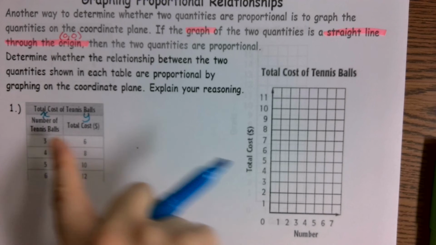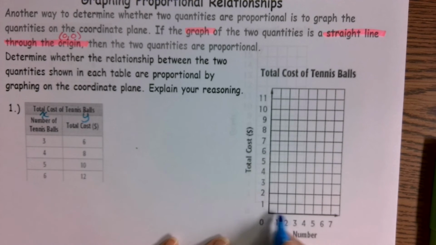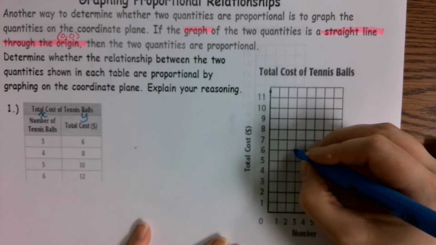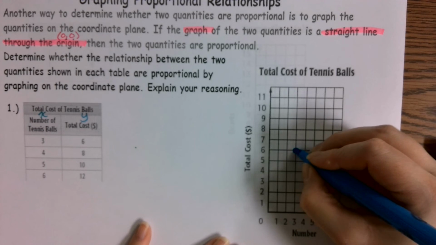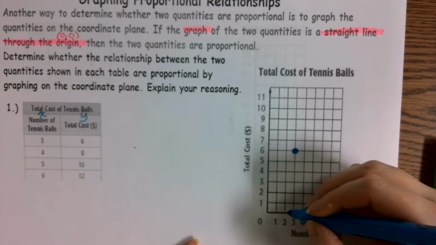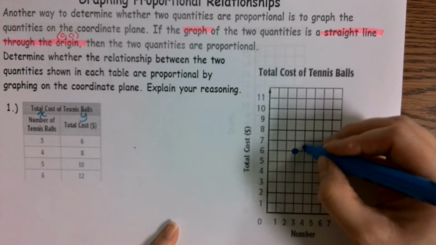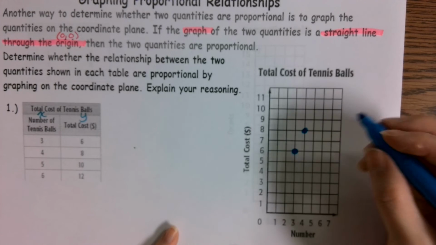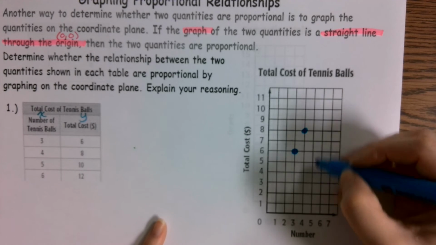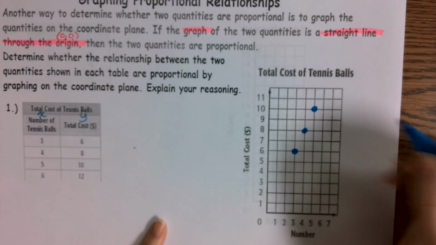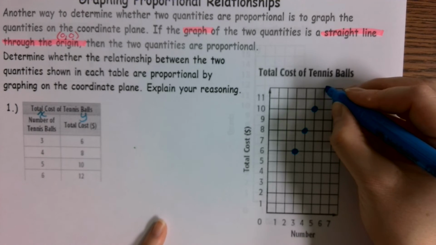So at 3, 6, we're going to go to the right 3 and then up 6. And I'm going to graph that point there. Then we've got 4, 8. So I'm going to go to the right 4 and up 8. Then we've got 5, 10. And then we've got 6, 12.